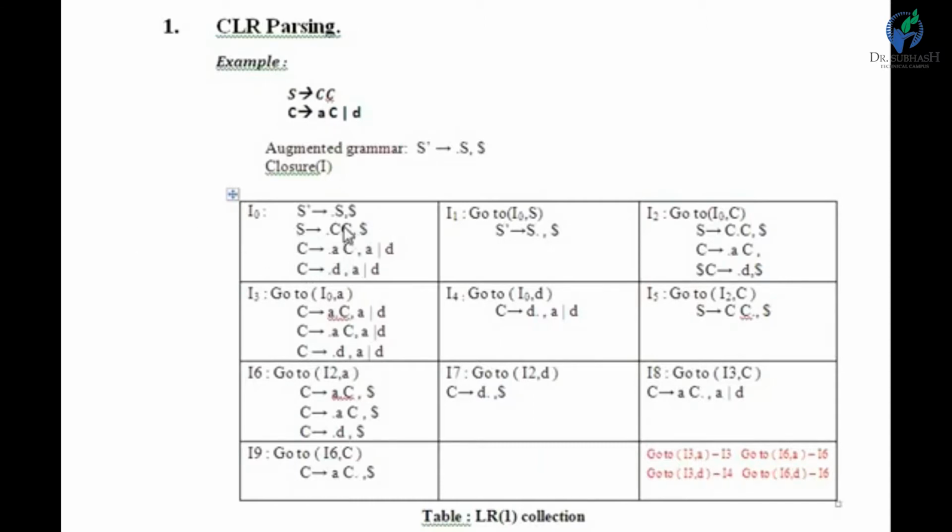Here after the dot there is non-terminal C, so write down the productions of C. There are two productions from C: C gives A C and C gives D. Put a dot before each production, so C gives dot A C and C gives dot D. These come from the production S gives dot C C.